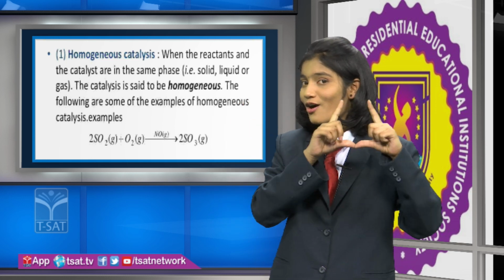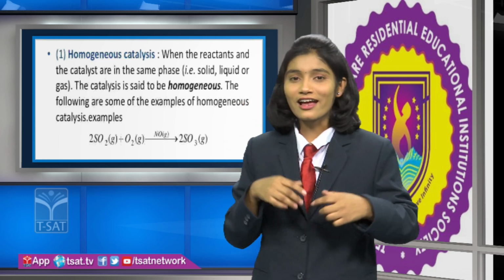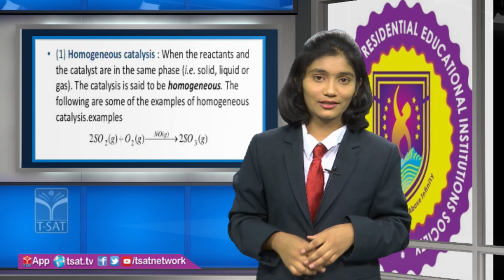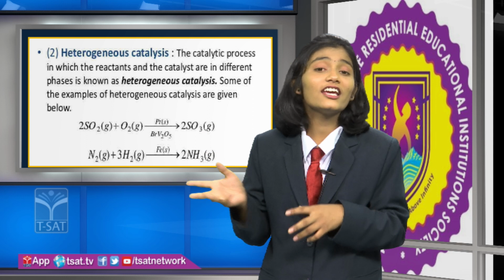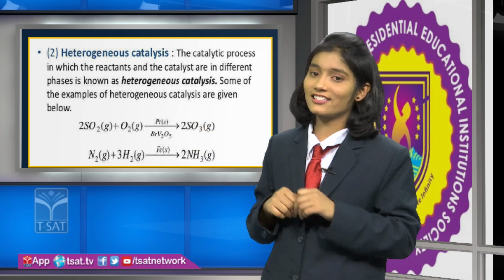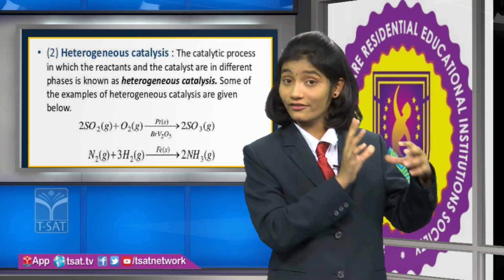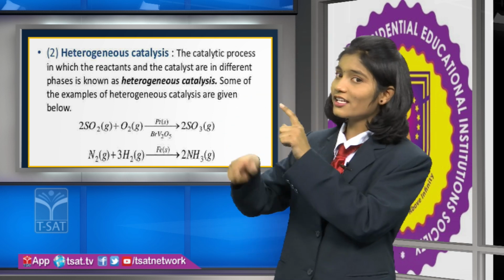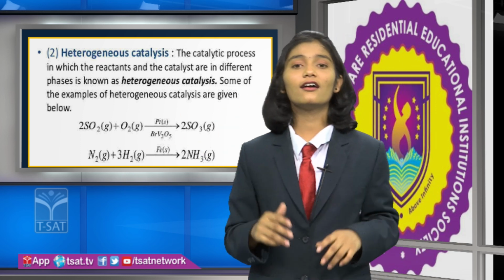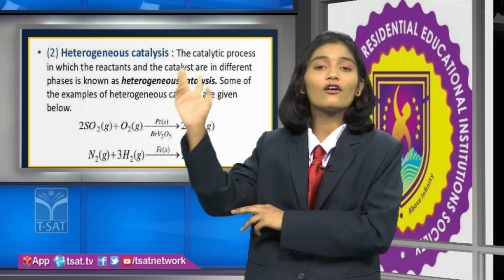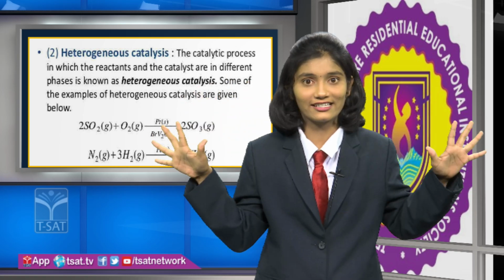What's that? Homogeneous catalysis. Now, you may define heterogeneous catalysis. Let us now see heterogeneous catalysis. Here, in a catalytic reaction, we have reactants, catalyst and also products. The phase of reactants and the phase of catalyst should be different, right?